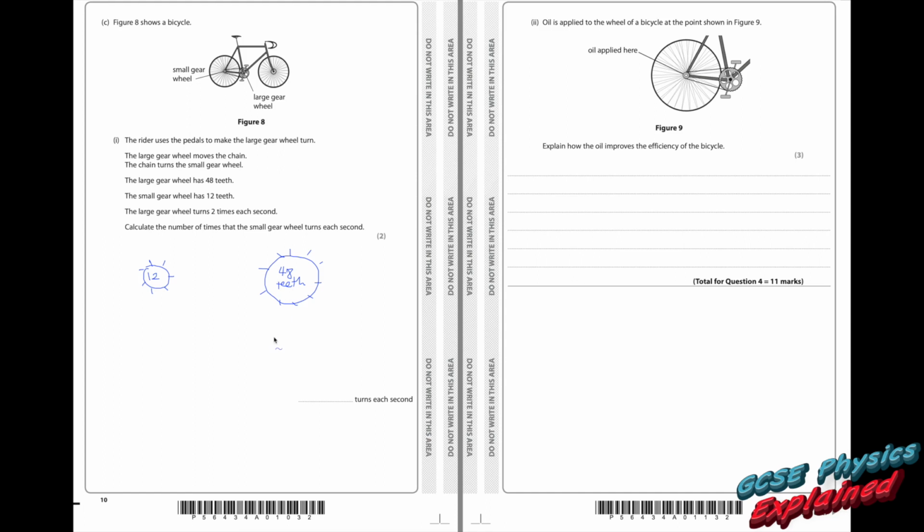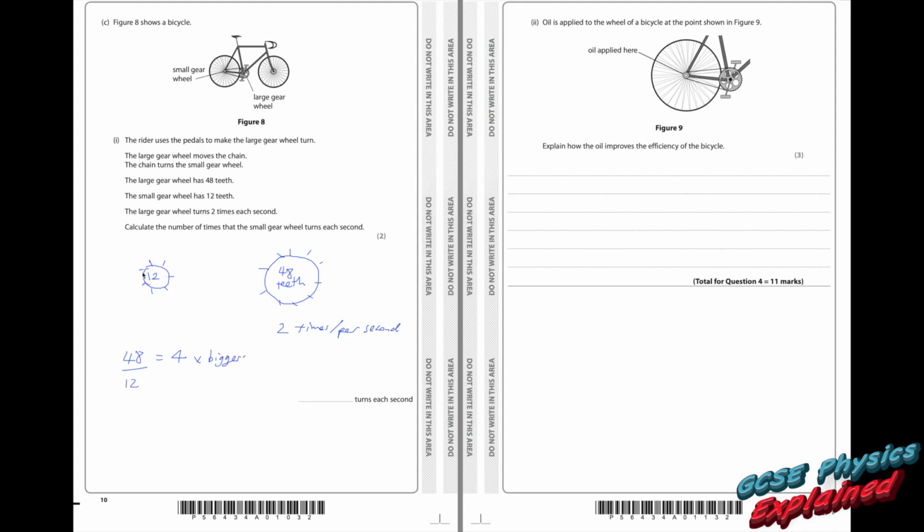Now the large gear wheel is turning 2 times per second. So we need to work out the ratio of the sizes. So it's clear to see, 48 teeth divided by 12 teeth. This large cog is 4 times bigger.